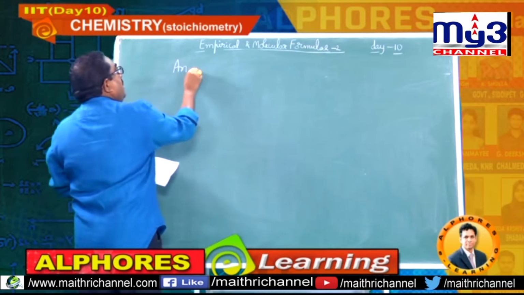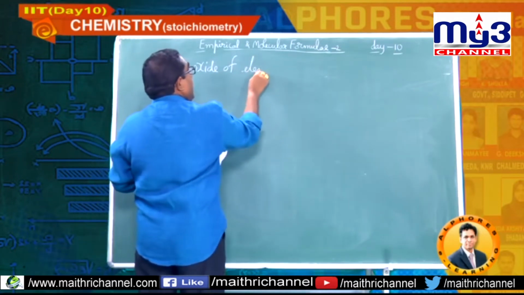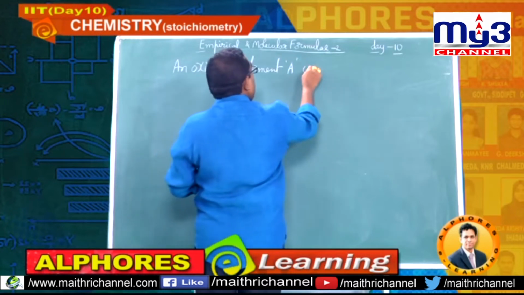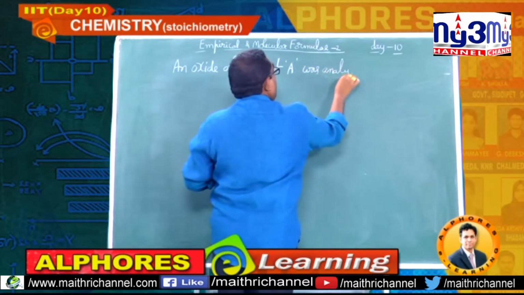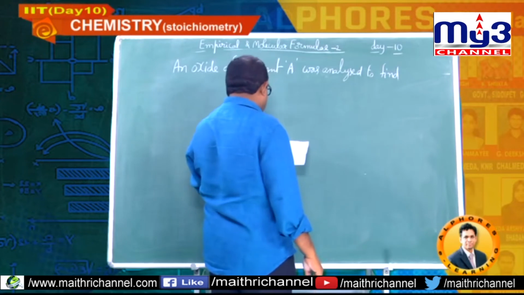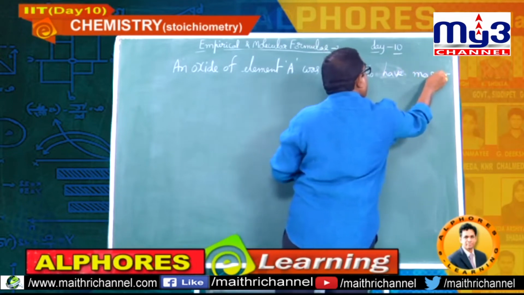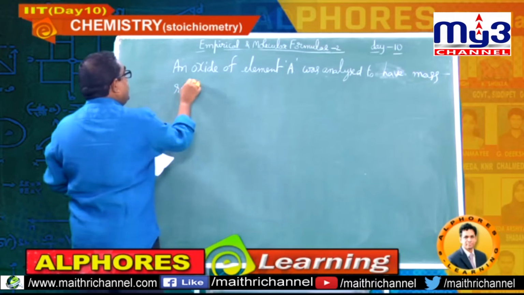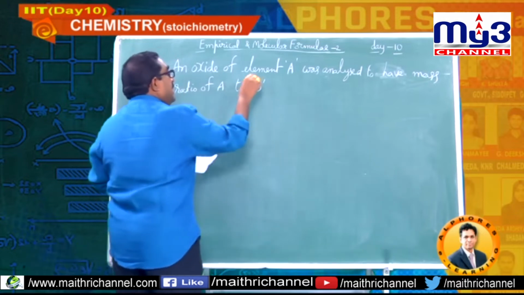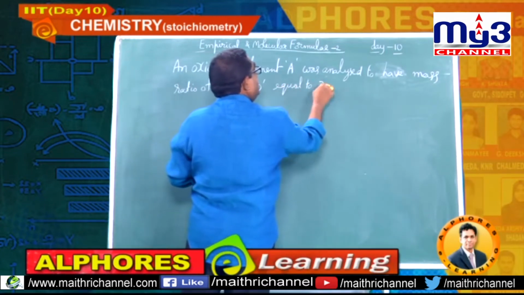An oxide of element A was analyzed to have a mass ratio of A to oxygen equal to 7:3.